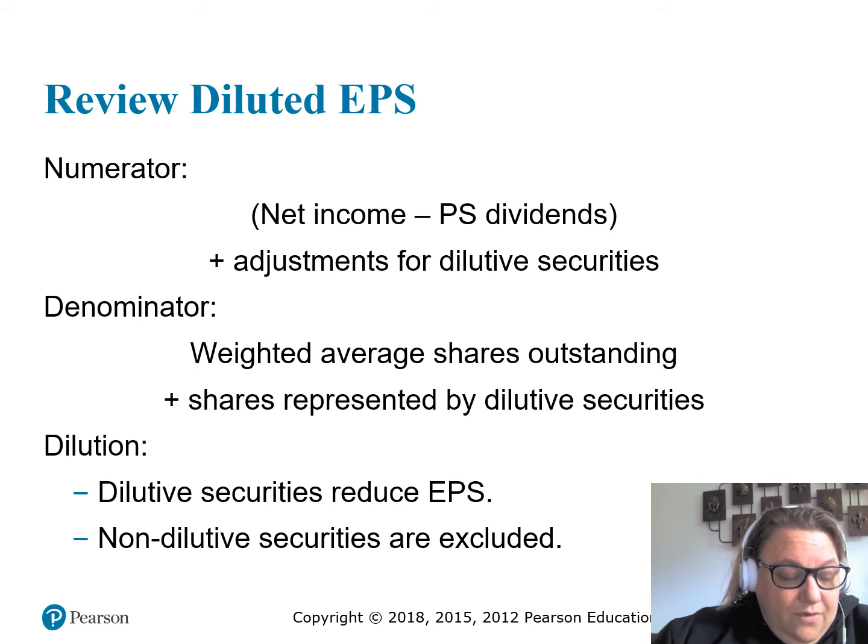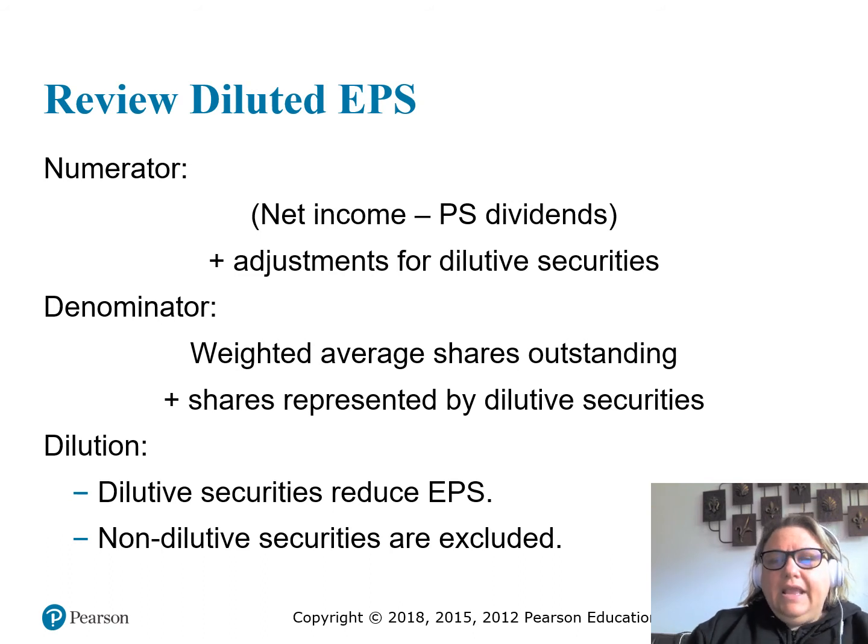Also, warrants and convertible bonds can be converted into common stock. They aren't being used right now, but they represent the ability to reduce or dilute the earnings per share when they are used.